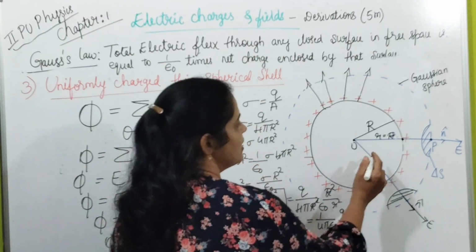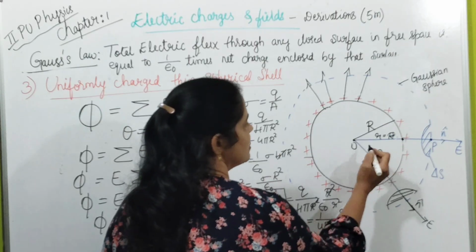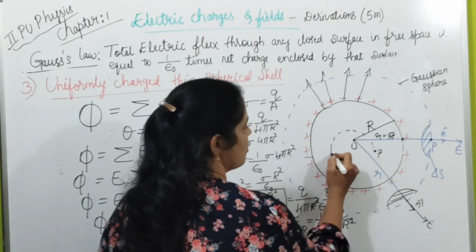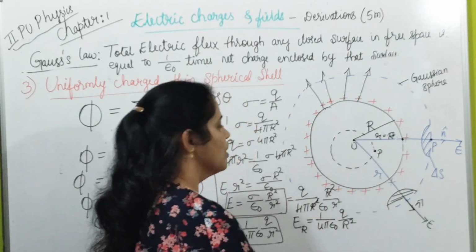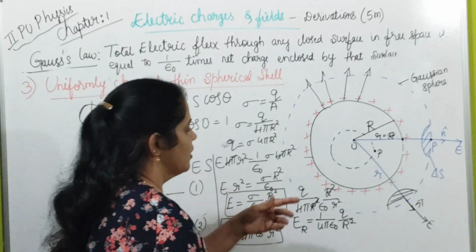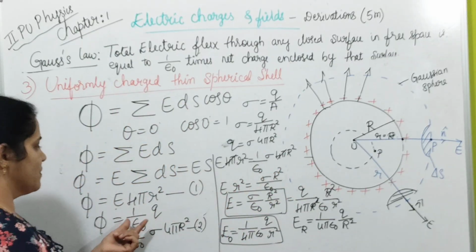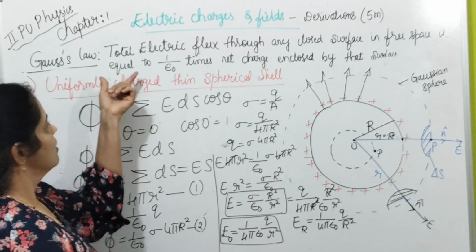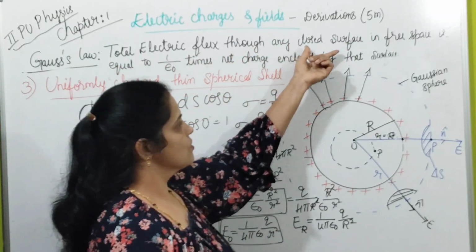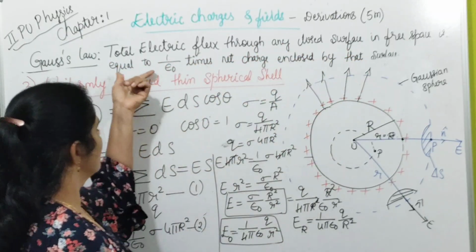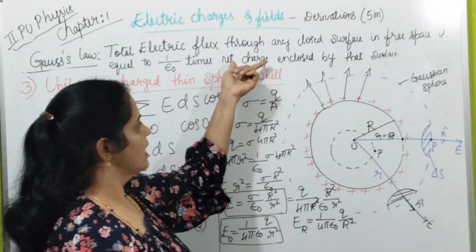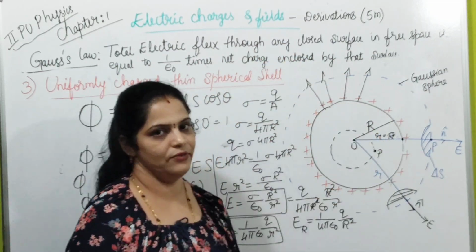Suppose the point P is inside, then you have to consider a Gaussian surface like this. So from Gauss law, what is the expression? Gauss law says that the total electric flux through any closed surface in free space is equal to 1 by epsilon naught times the net charge enclosed by that surface.